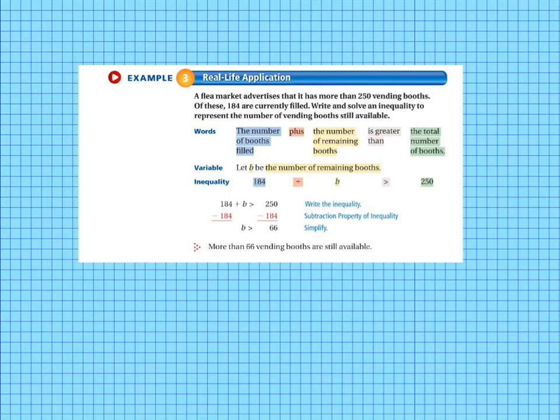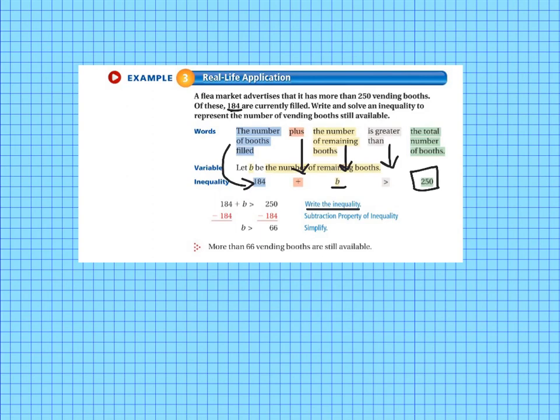So it says 184 are currently filled, so that goes down here, plus however many are left, which is what we're looking for, so that's B, and we know that that's greater than 250. So it says write the inequality, so we just did that, 184 plus B is greater than 250.